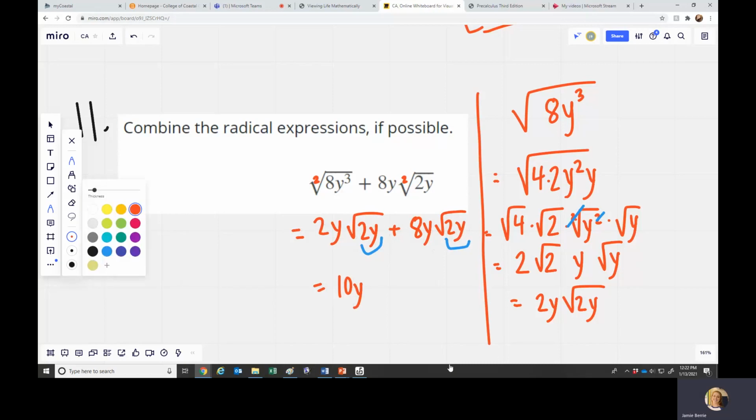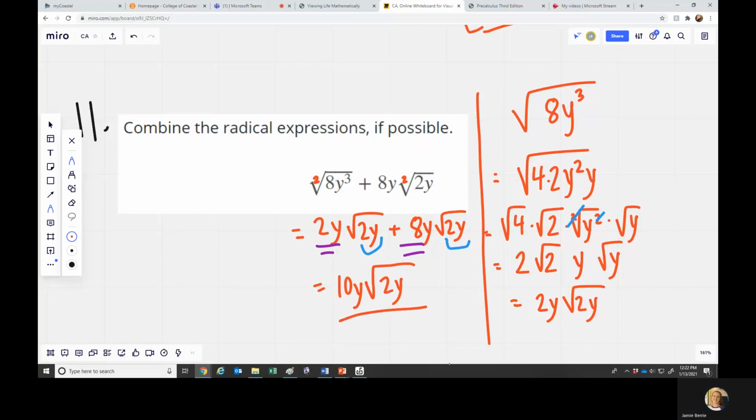The radical has to stay the same, so that's the square root of 2y, and we're done. It's just like if you had 2x plus 8x, that would be 10x. You have 10y out front, and then the square root of 2y, the like terms part, just gets stuck on the end.